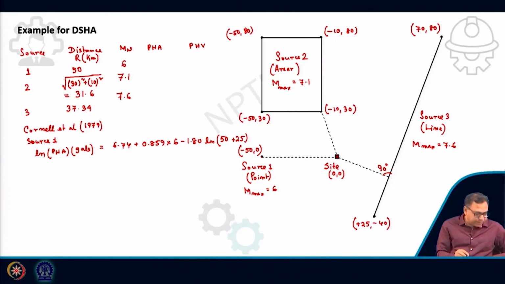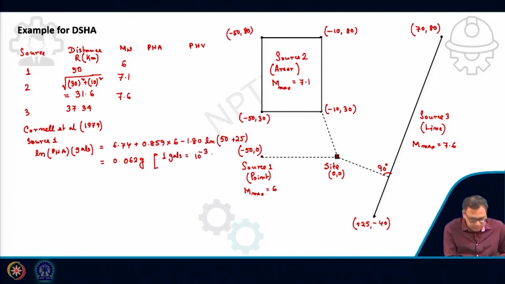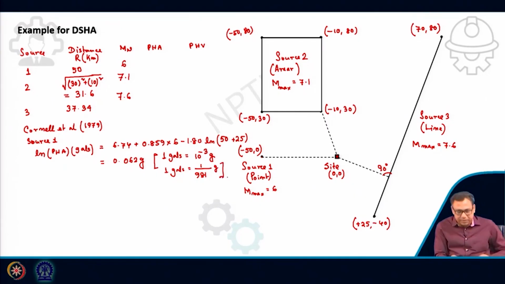Now if you solve it, you will get 0.062 G, considering 1 gal is equal to 10 to the power minus 3 G, or you can take 1 gal as 1 by 981 G.